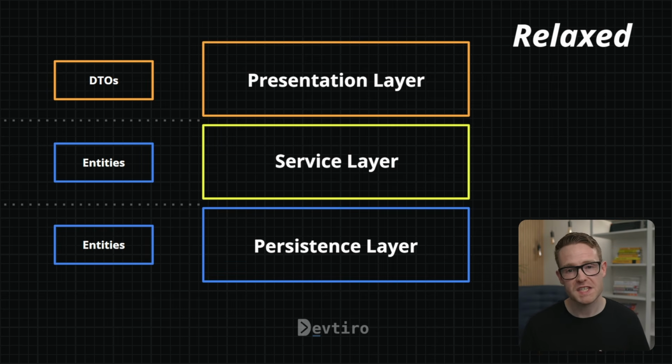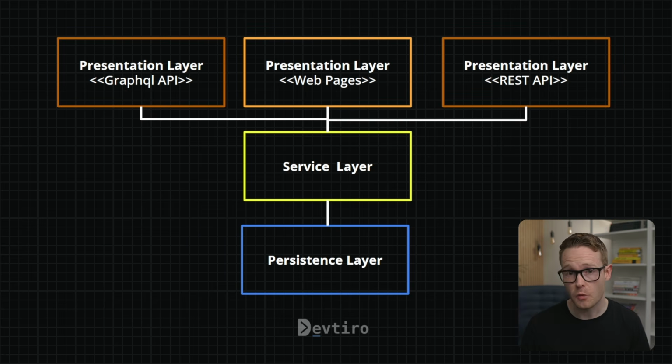And therefore, this is the approach that we're using in this build because there's slightly less moving parts. It's a little bit more approachable. However, you may notice in the presentation layer, we still have those DTOs. And it may very well be different DTOs, different objects for web pages, for REST APIs, for GraphQL APIs, or any other type of way of interacting with our application via the presentation layer.